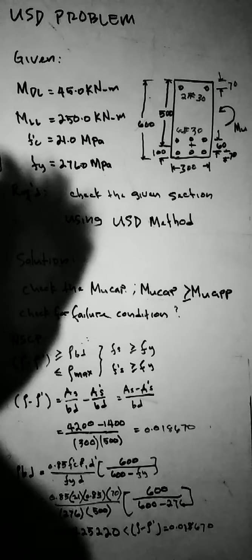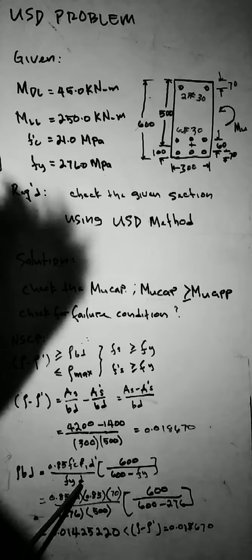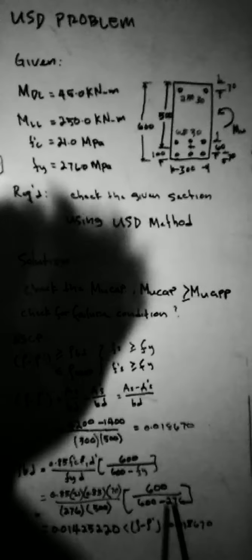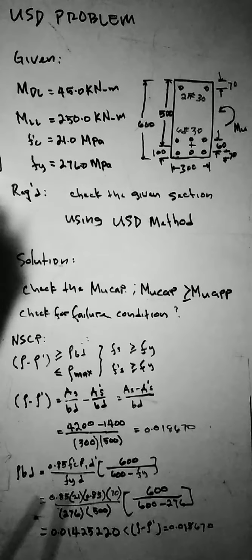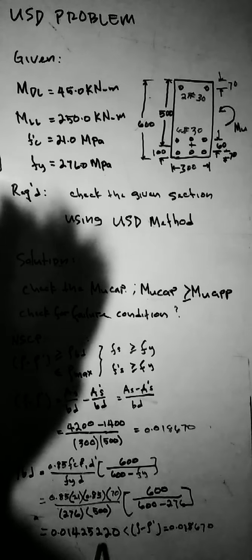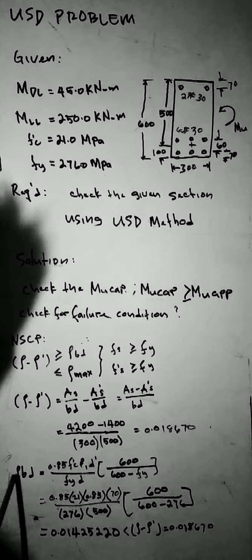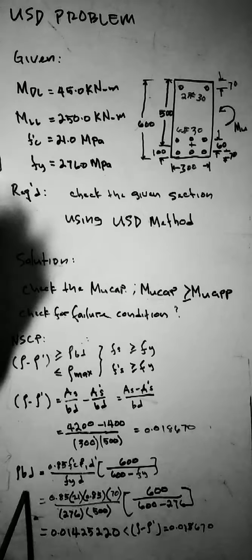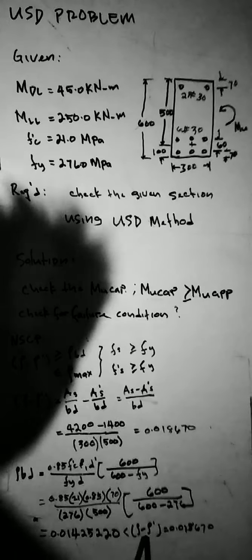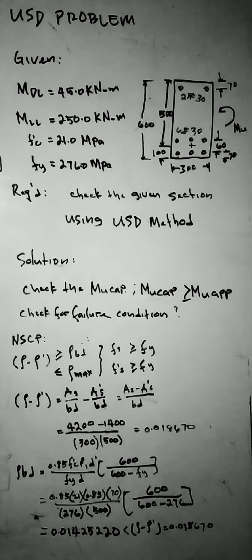This is this one, 70. Over the fy 276, d 500, and this quantity 600 over 600 minus the value of the fy, this one. And this must be 0.0142520. So this is the value of the rho BD. And this rho BD is less than the value of rho minus rho prime. And that is okay.